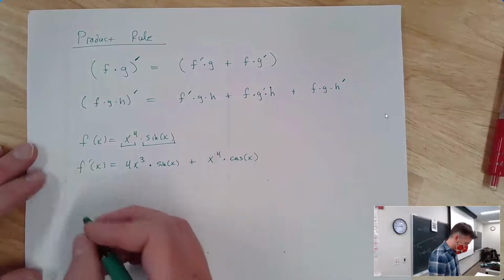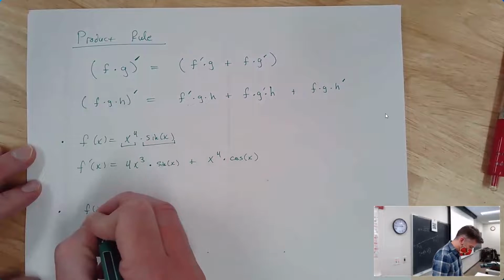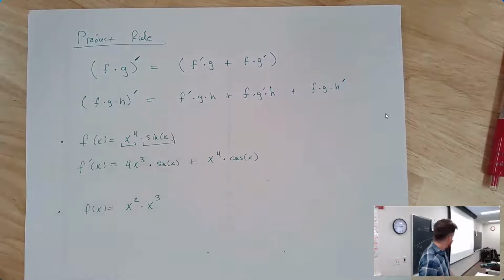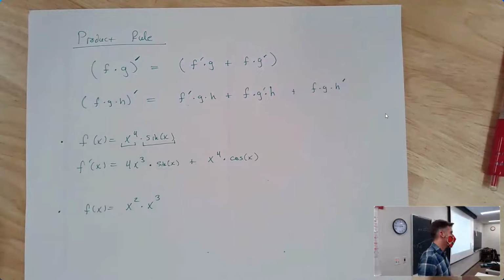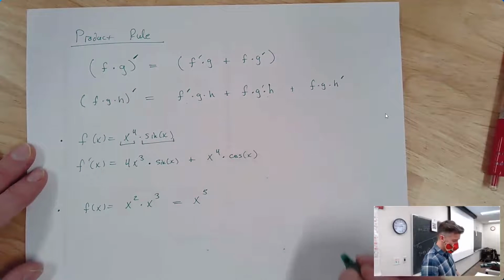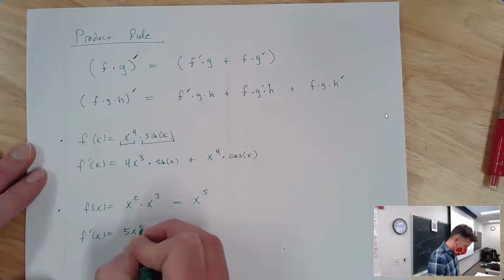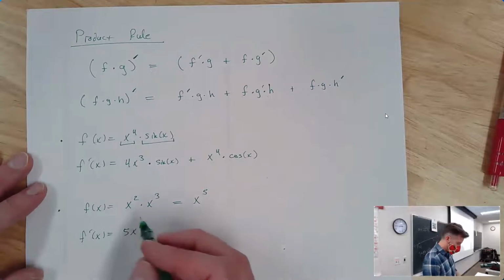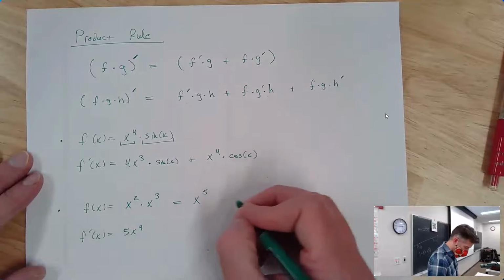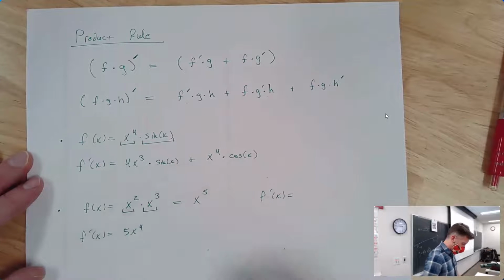Here's an example I like to keep in mind. If we have f of x equal to x squared times x cubed, which is really x to the 5th, we know the derivative should end up being 5x to the 4th. Well, let's actually use the product rule on this expression to see that it really works. I'm going to think of these 2 parts separately.